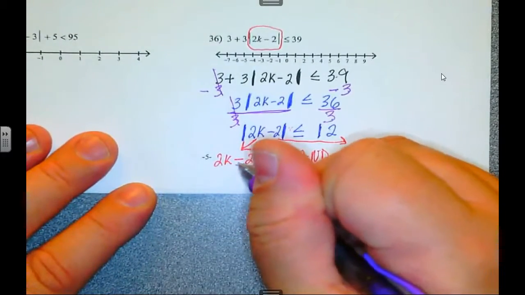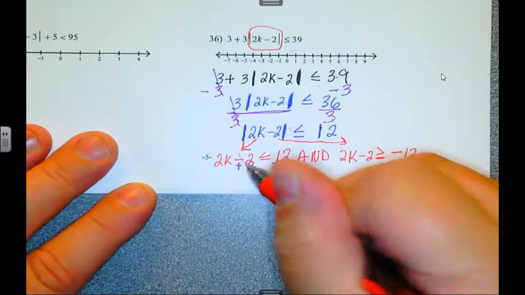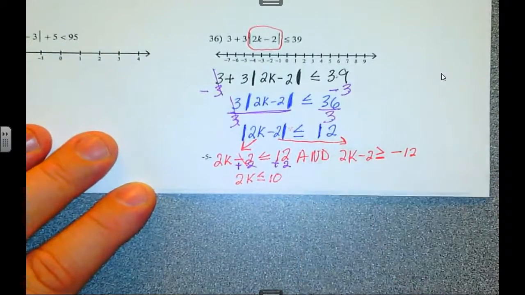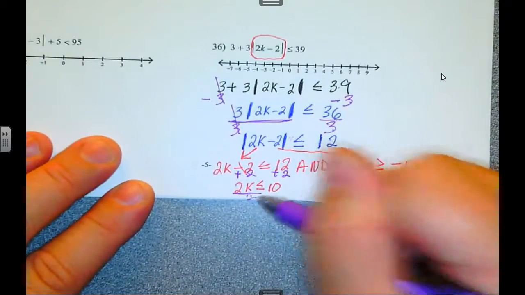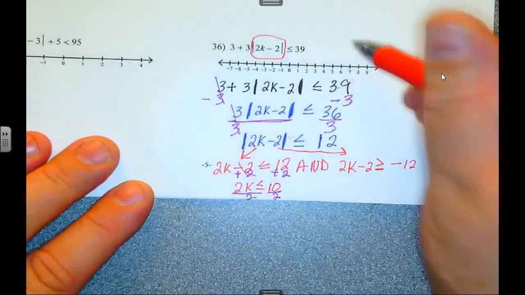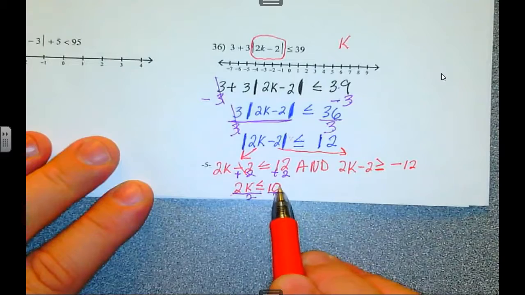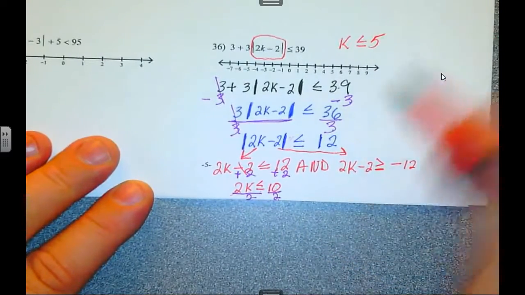Okay, add 2 to both sides. So I get 2k is less than or equal to 10. Divide by the coefficient 2. So I'm going to rewrite it up here. So I get k as less than or equal to 10 divided by 2 is 5.